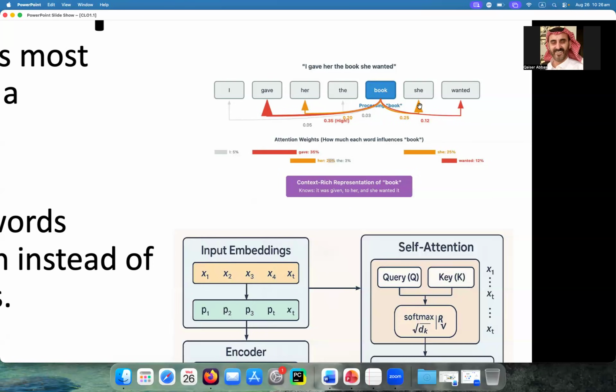Book, she. So this information is also there, that the book is related to or given to she. So these probability values are giving you the meaning in this way, because these contextual probabilities are calculated first.